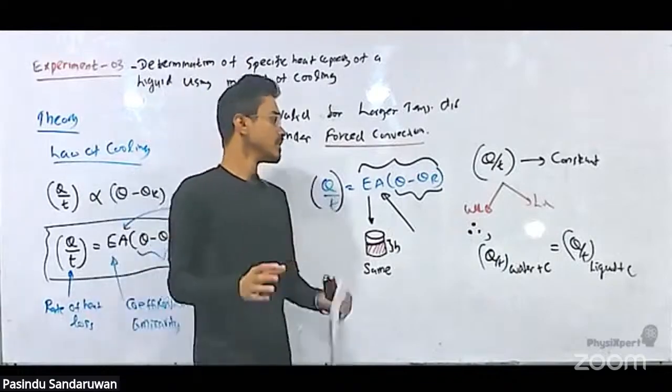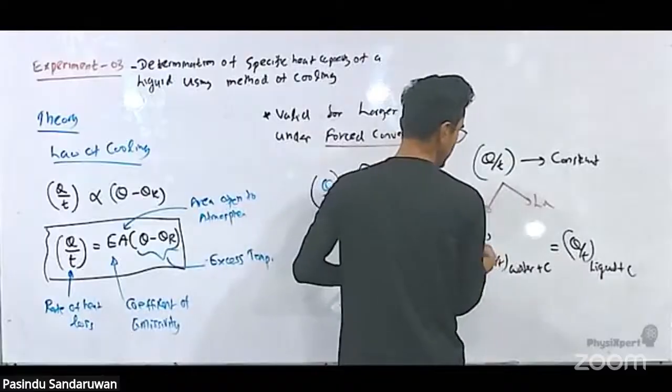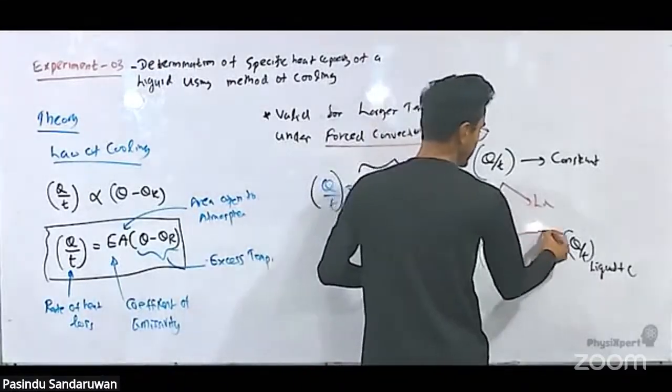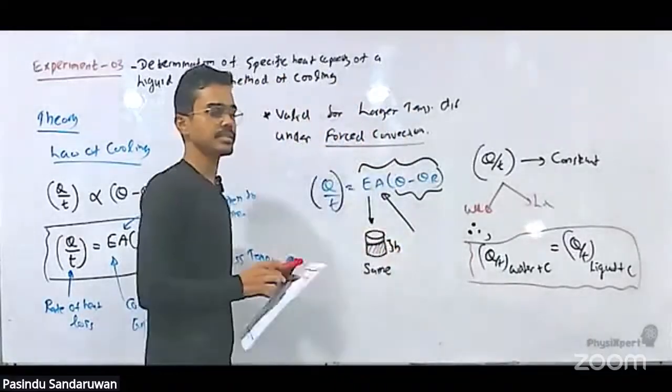Therefore, Q over T of water plus calorimeter equals Q over T of liquid plus calorimeter.